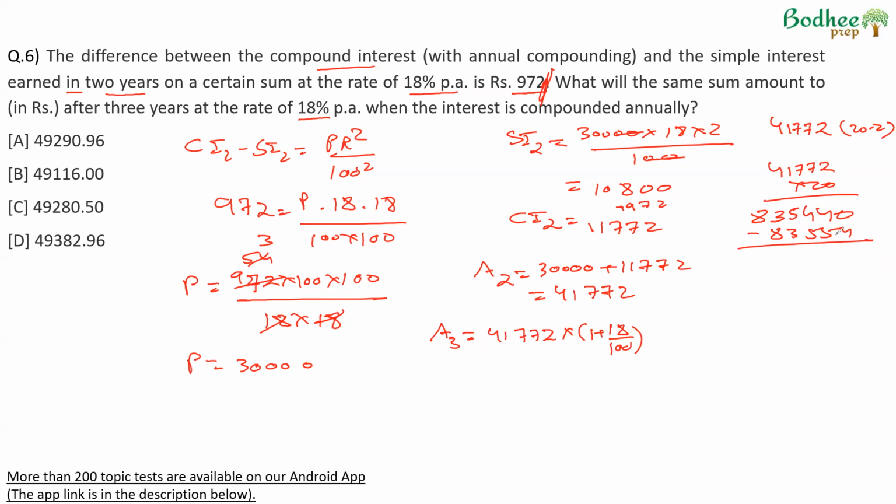So this will come out to 683544, not 54. 83544.